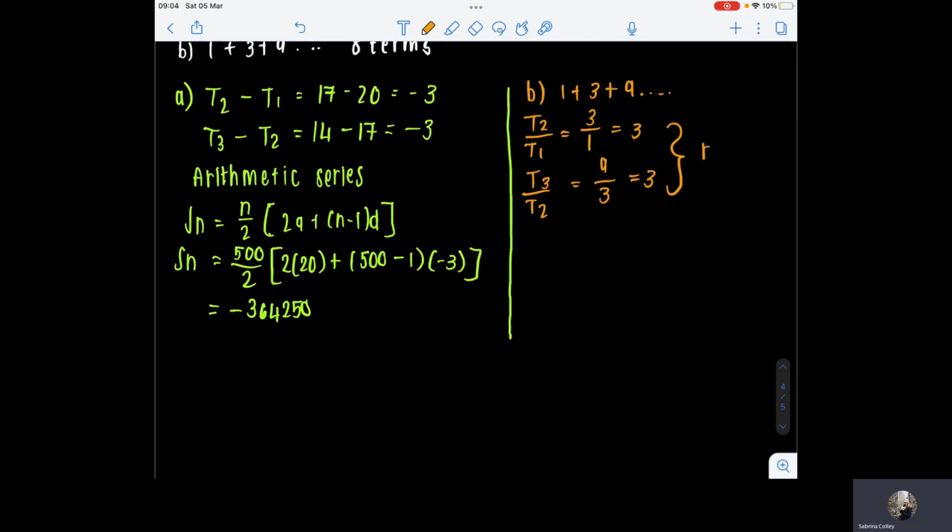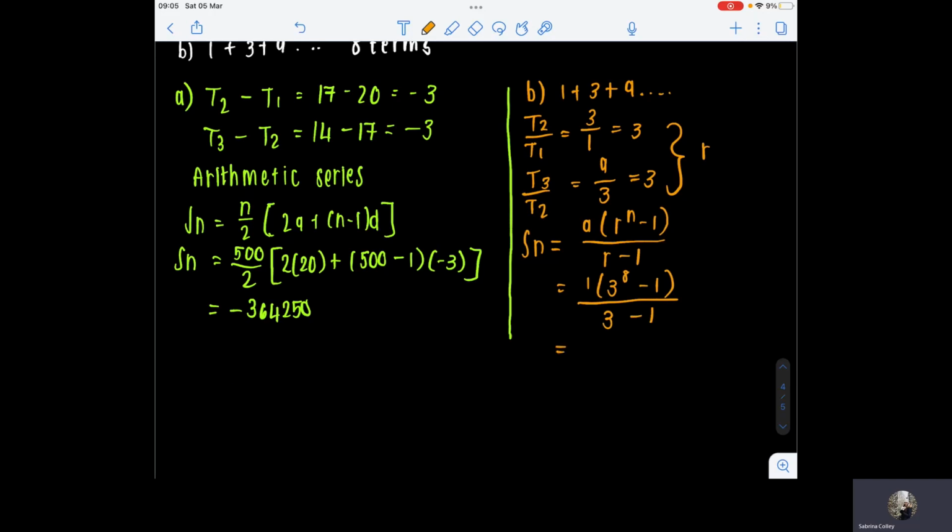So let's use my geometric series formula, and I need to establish: is my r greater than 1 or less than 1? My r is greater than 1, so I'm going to use the formula Sn equals a times r to the n minus 1, over r minus 1. My a is 1, r is 3, to the power of n, which is 8 terms, minus 1, over r minus 1, which is 3 minus 1.